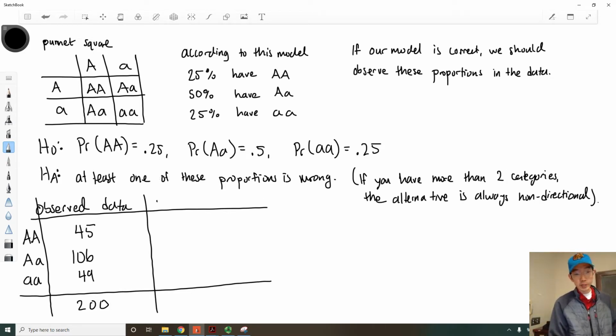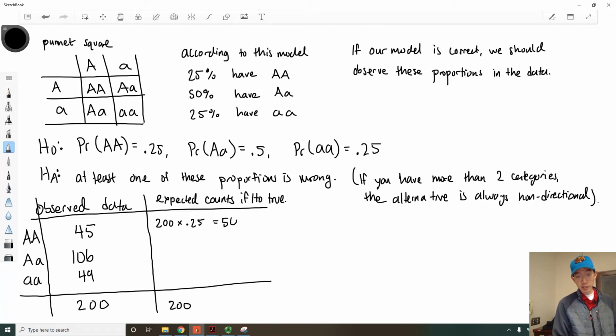Here I'm going to write the expected counts if the null hypothesis is true. Okay. So in total we have 200, and if the null hypothesis were true, I would have 200 times 0.25. I would expect to get 50. 200 times the null hypothesis says 0.5, I would expect to get 100.